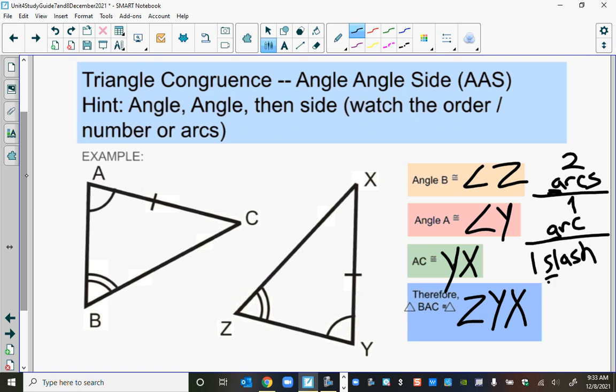We agree to that, yeah? A and Y. We see they both have 1 arc. We agree to that, yeah? And then AC is going to match up with YX. The reason why we're going to put it in that order, you started at the angle A, the arc. You went to no arc.